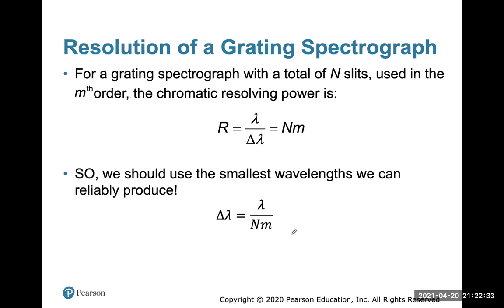But we can increase the resolution of some sort of electromagnetic measurement device. We can decrease delta lambda, we can increase the resolution, if we use smaller wavelengths to begin with.